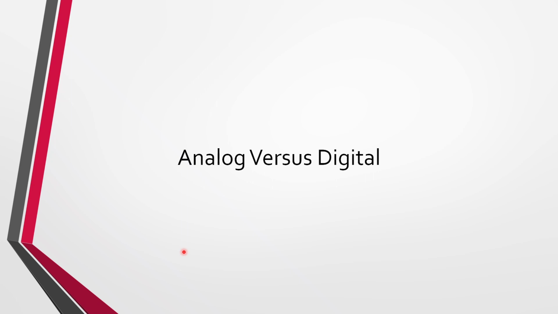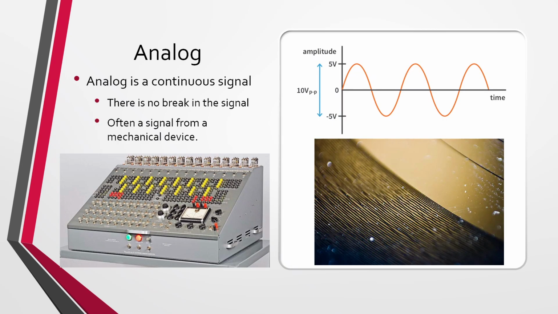Let's go ahead and get into analog versus digital. This will be useful moving forward, knowing the difference. Analog is a continuous signal. There is no break in the signal, often a signal from a mechanical device.